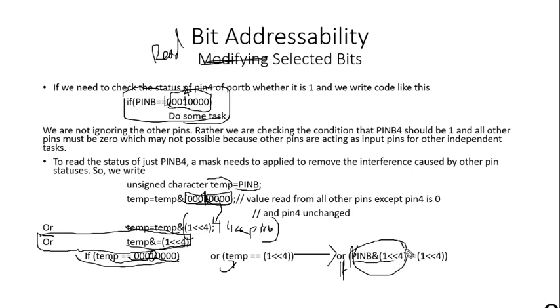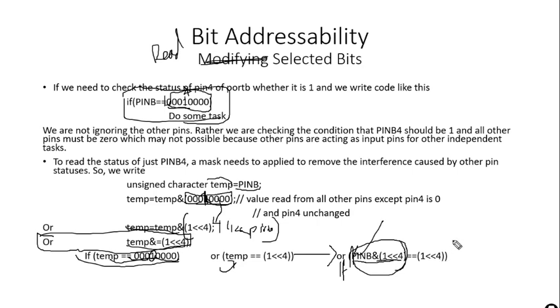So in a single expression, you are reading the status of PINB, applying the mask to filter out all the unnecessary bits, and equating with 1 left shifted 4 times. And if there is one single bit and you are not implementing some encoder that needs to know the exact bit pattern, you only need to see whether it is 1 or 0.